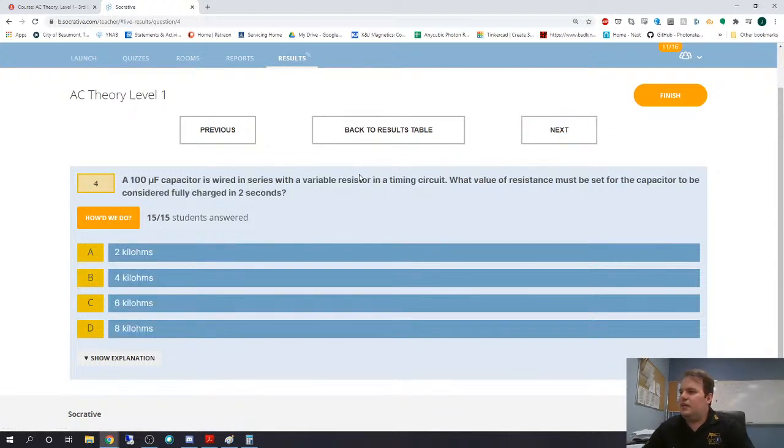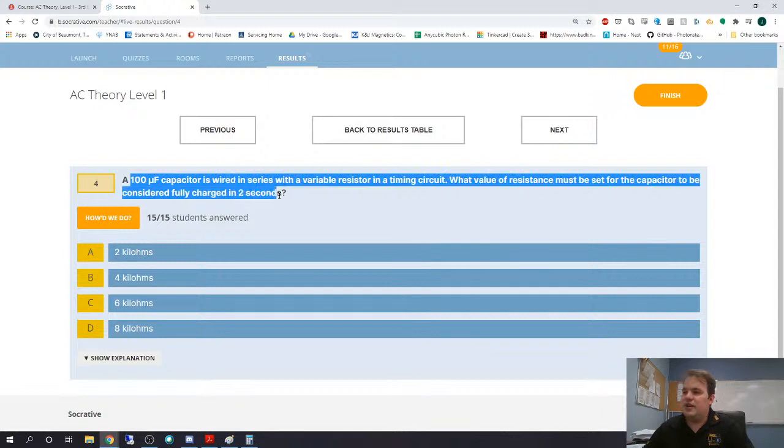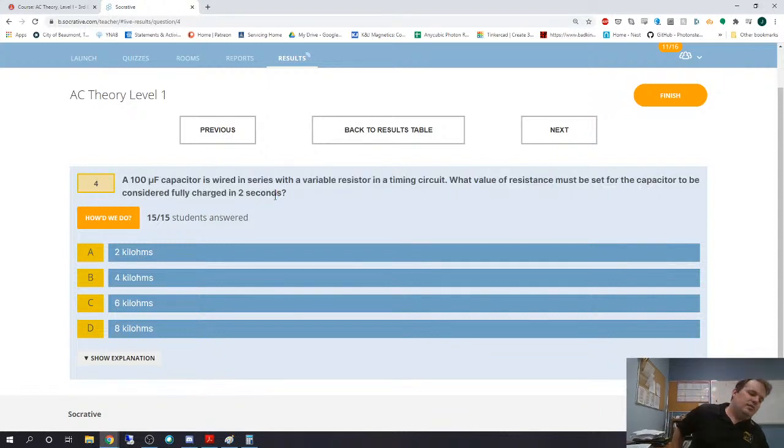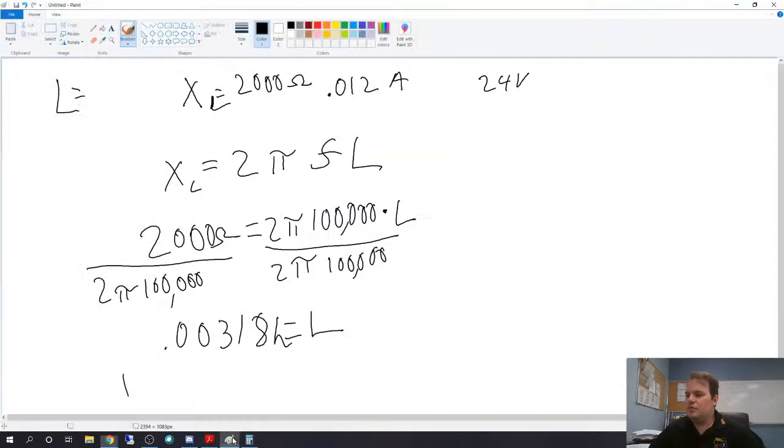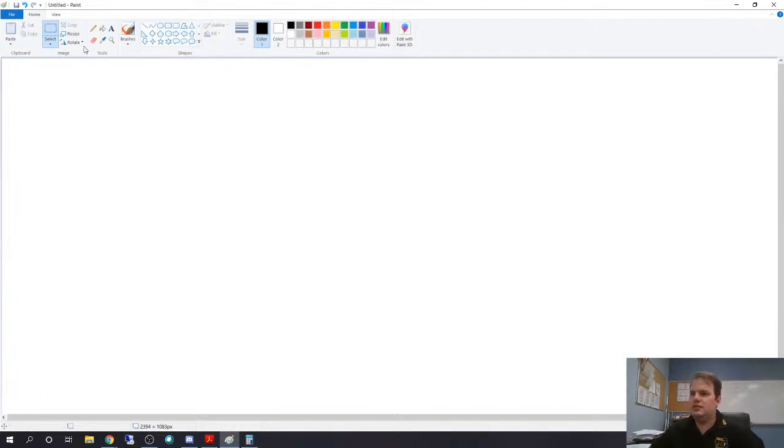All right. Timing. This one was on the actual test that y'all had whenever we went through this the first time. We went through this one a lot. So, paint. Select all, delete.